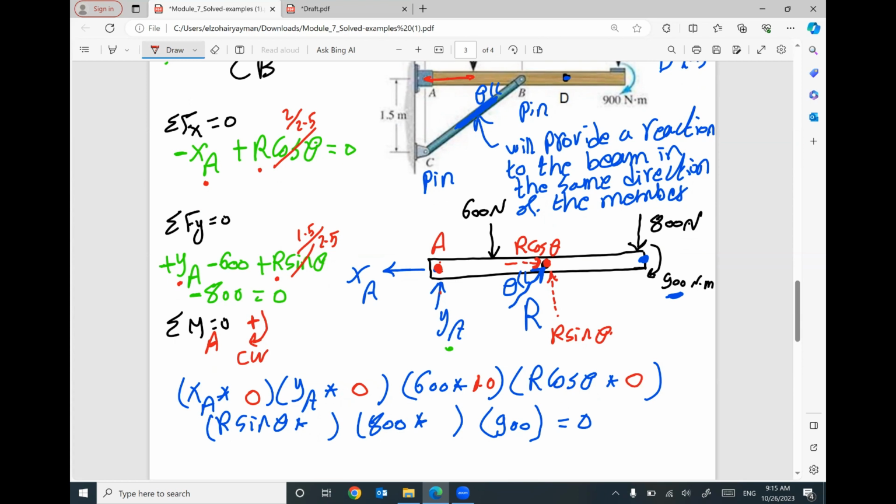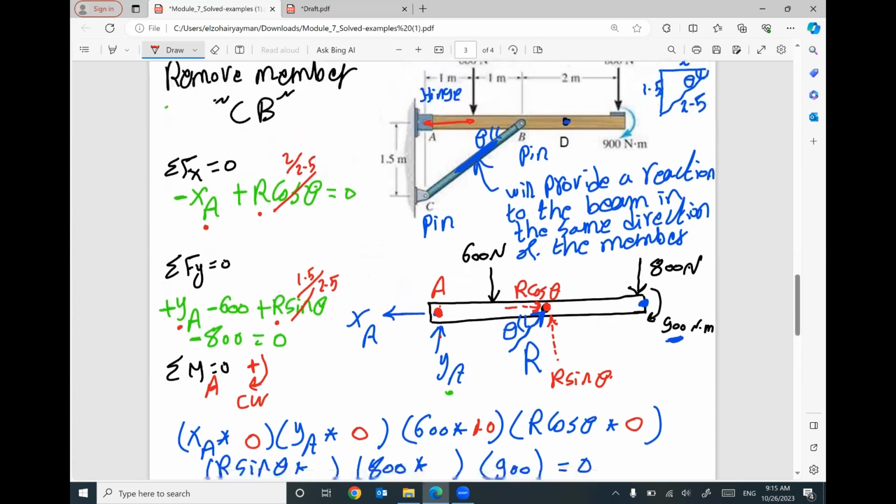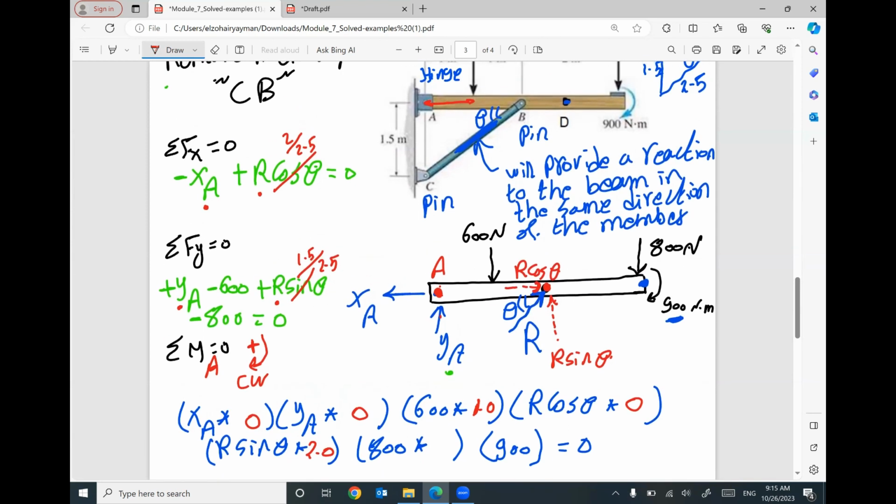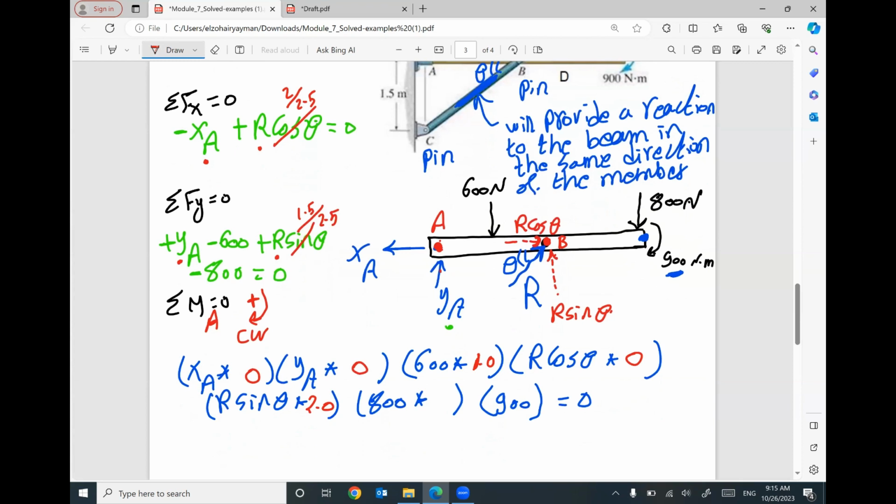R sine theta and A, it will be 2 meters. Hey, wait. R cosine theta at point B. R sine theta also at point B. So why does one of them have a distance 0 and one of them a distance 2?